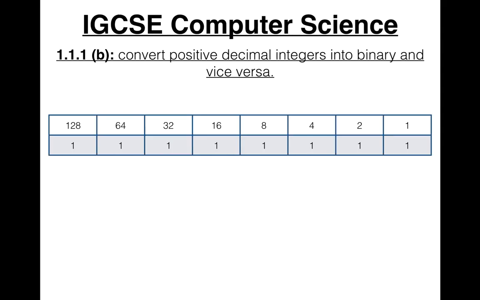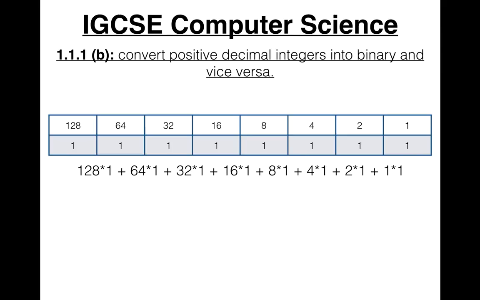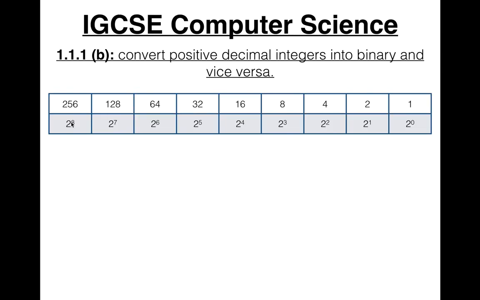What if all the ones are filled and we want to represent a higher number? Because this would be 255. So what about something like 256? Well, remember that for base 2, it's 2 to the power of n, which means that we don't have to go up to only 2 to the power of 7. It can keep going. So 2 to the power of 8 would be 256.